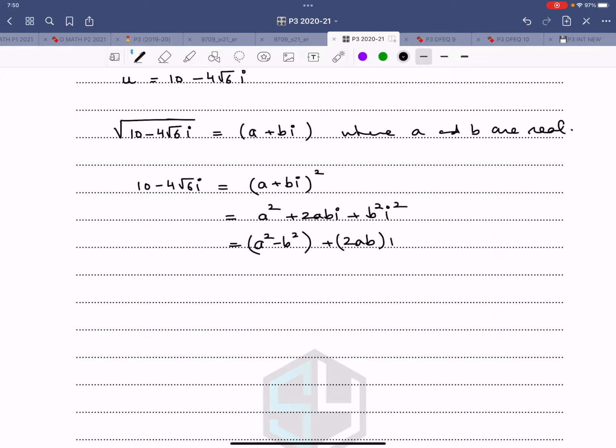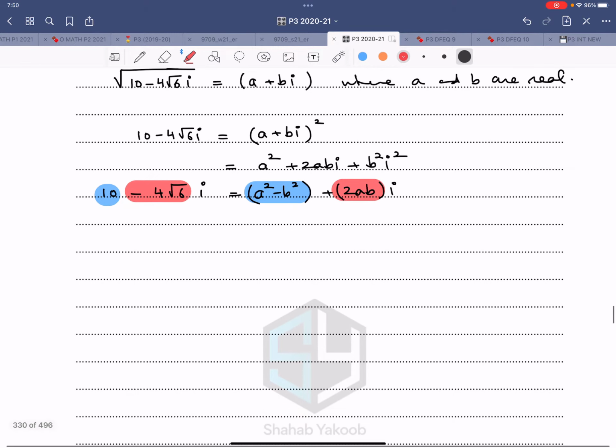This is 10 minus 4 root 6i. So let's focus on this. This real equals this real. This negative 4 root 6 equals this thing. So these are equality of complex numbers, that is, the real equals the real, the imaginary equals the imaginary.